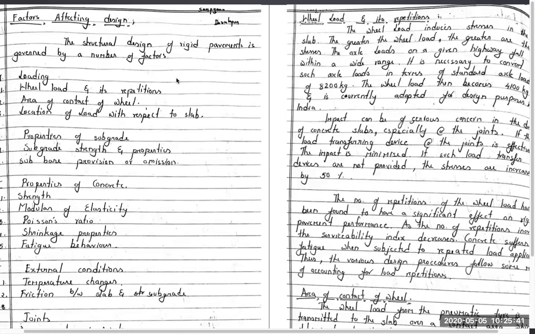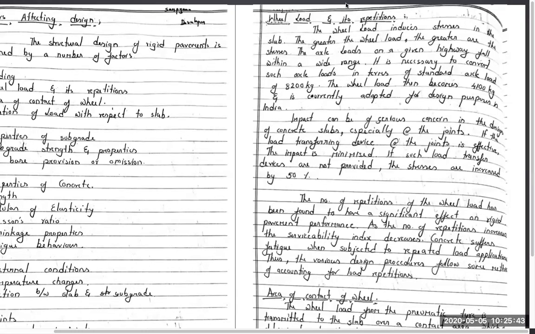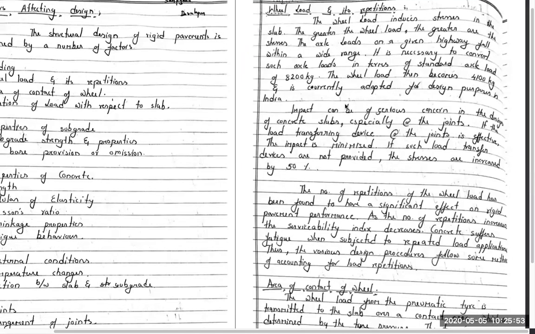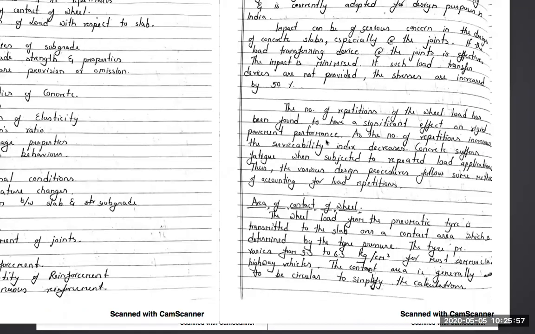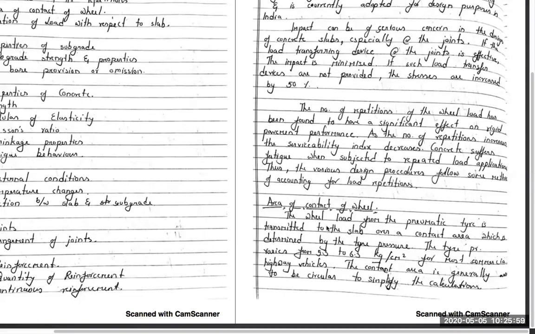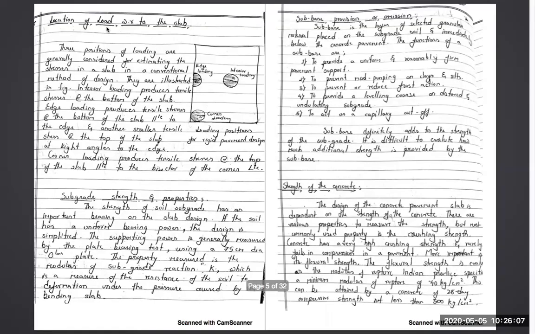Then repetition: same wheel load and its repetition, how we need to take the standard load, convert all different axle into standard axle load of 8200 kg. Area of contact, for analysis purpose, we take the area of contact as circular, and the contact pressure it is making, location of load with respect to slab.